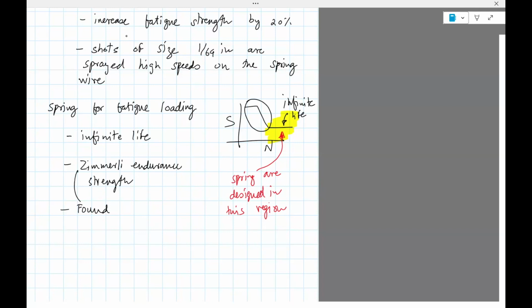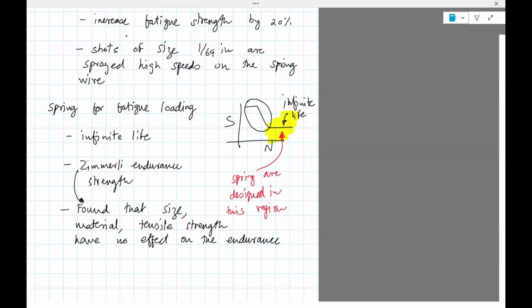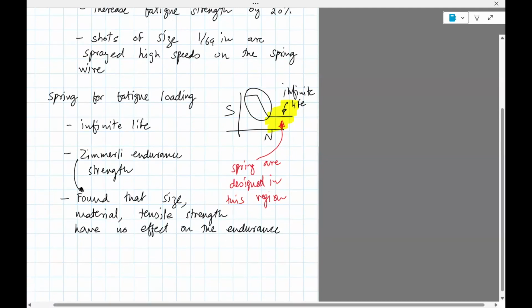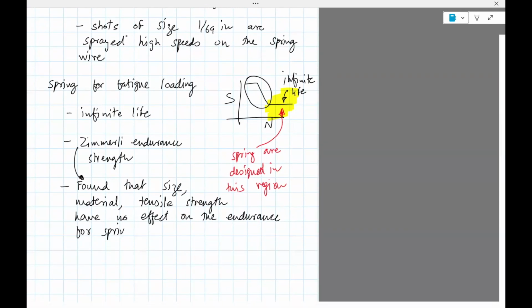So Zimmerli found that size, material, and tensile strength have no effect on the endurance for springs of size 3/8 of an inch, which is also about 10 millimeters.